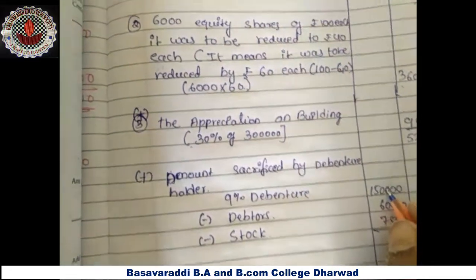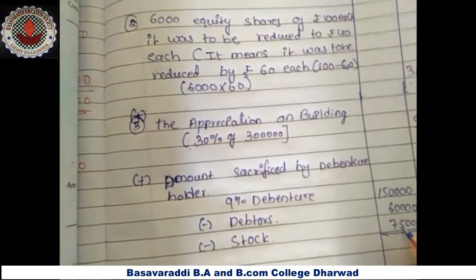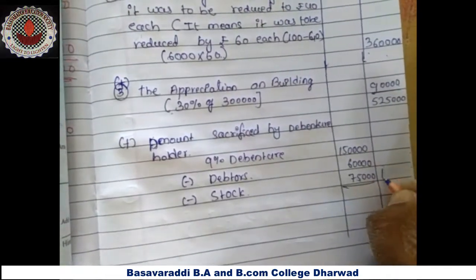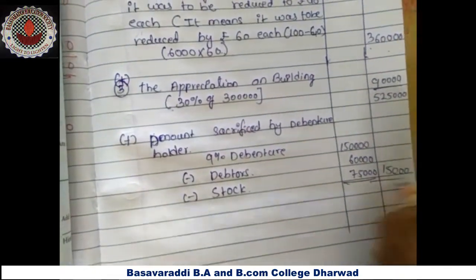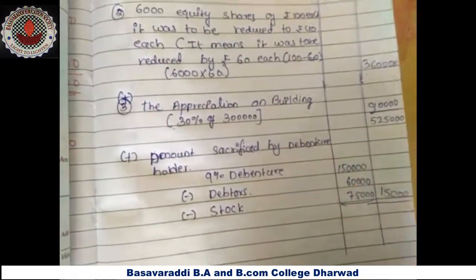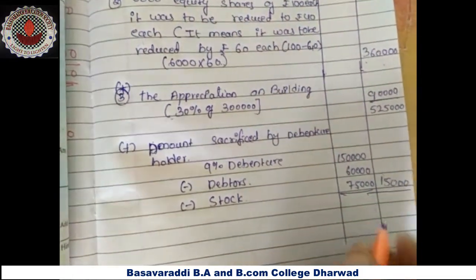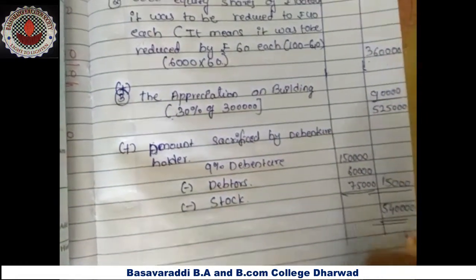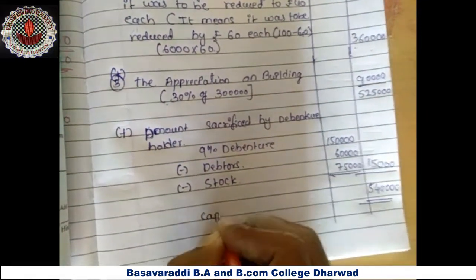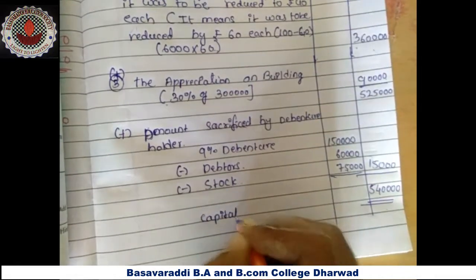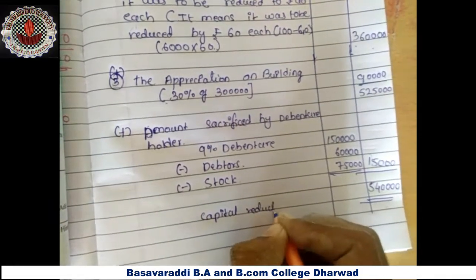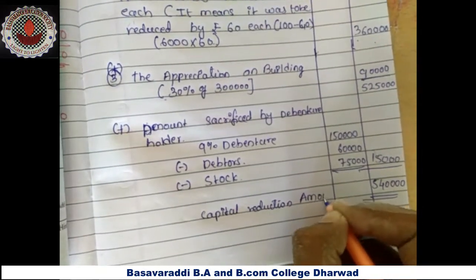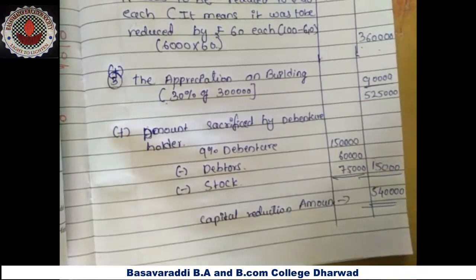Now 1,50,000 minus 60,000 minus 75,000 is equal to 15,000 rupees. Now 5,25,000 plus 15,000 is equal to 5,40,000, which is the capital reduction amount.